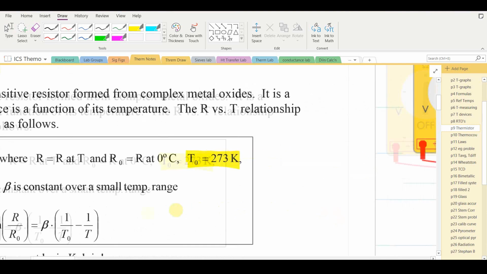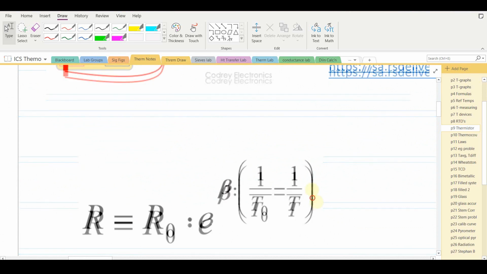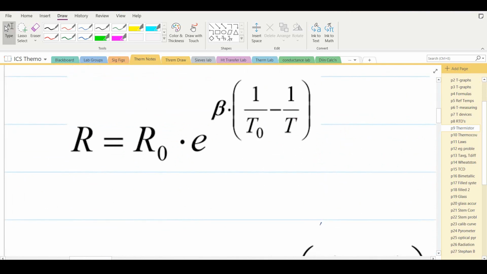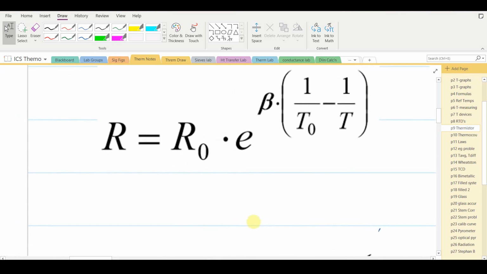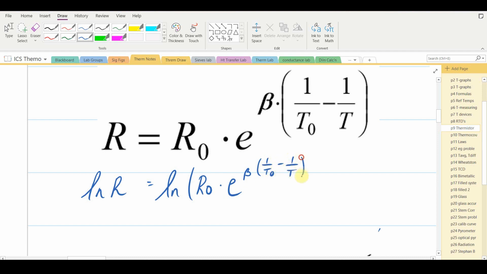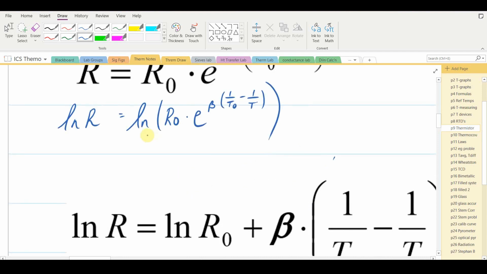Now, I've broken this formula up over here so we can get a better look at it. So clearly this is not a linear equation, it's exponential, but we can linearize this. Let's take the ln of both sides of this equation. We'll plot, say, the ln of R. And we'll take the ln of this side, R sub 0 times e to the beta times 1 over T sub 0 minus 1 over T. Now, the ln of a product is equal to the sum of the lns.